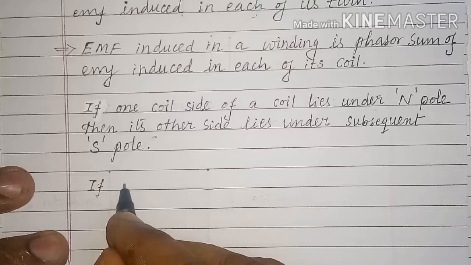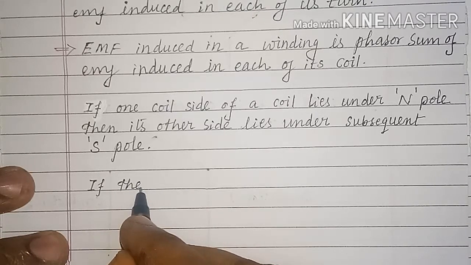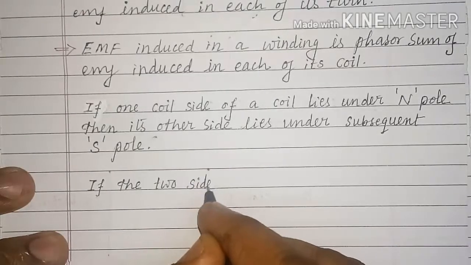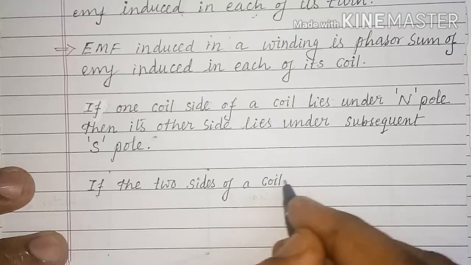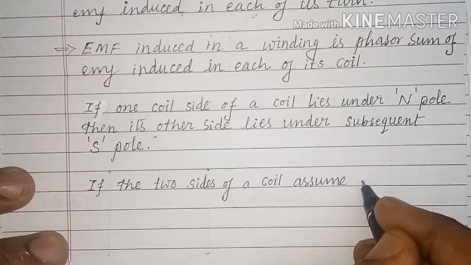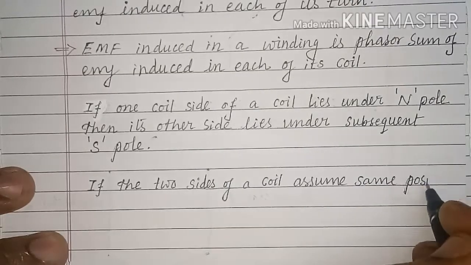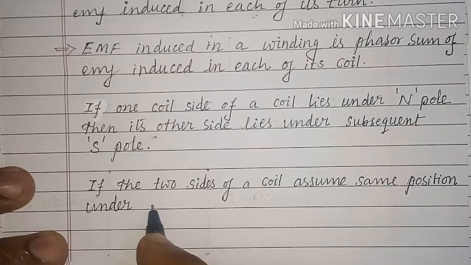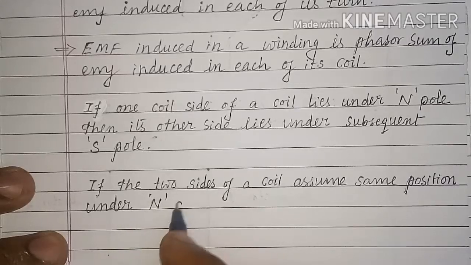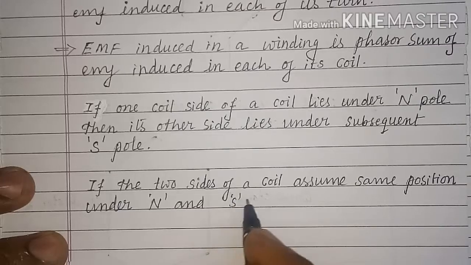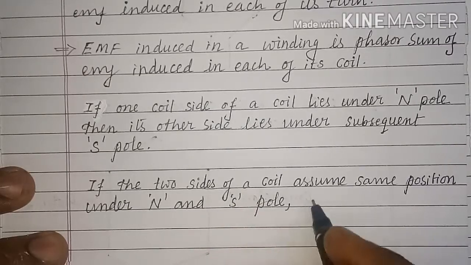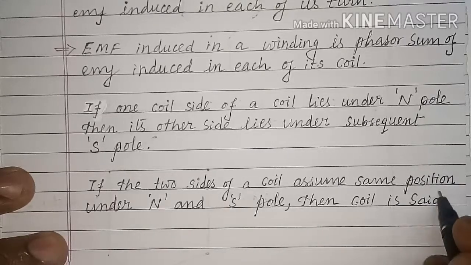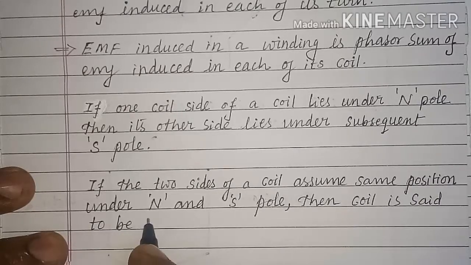If the two sides of a coil assume same positions under N and S pole, then coil is said to be full pitched coil.